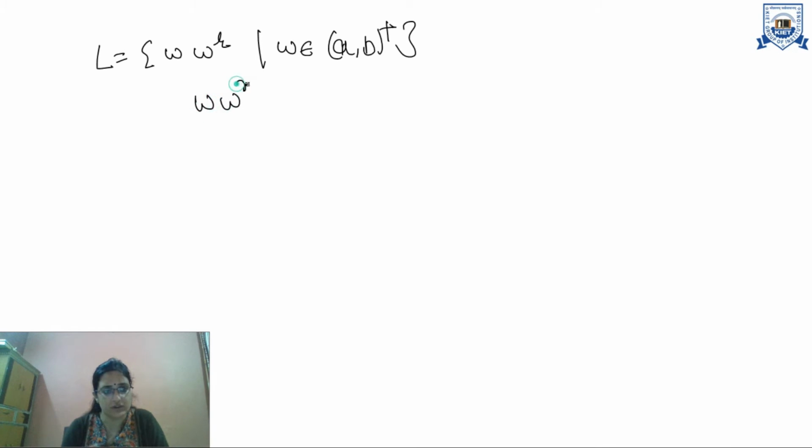As we already studied one numerical related to deterministic pushdown automata, I already discussed this example with you in my previous video. For this example, we push all the elements of W and pop all the elements corresponding to W^R.